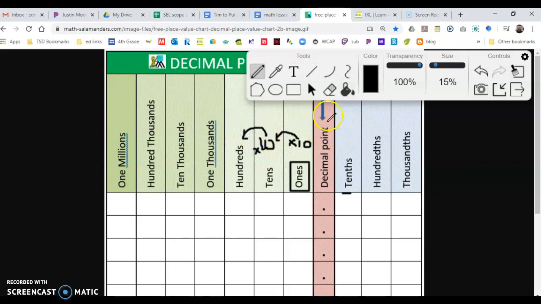Well, the same thing works. The decimal point doesn't build a wall or anything and keep these apart. The tenths place is 10 times less than the ones place, or the ones place is 10 times more than the tenths place. As well, if you keep moving down here, the hundredths place, think about how many pennies.